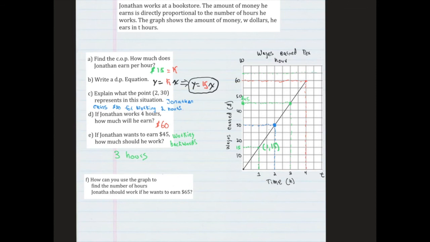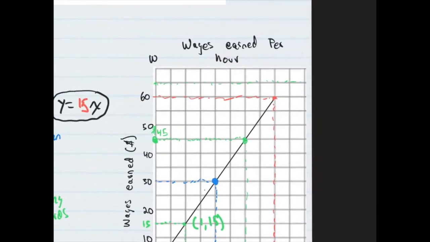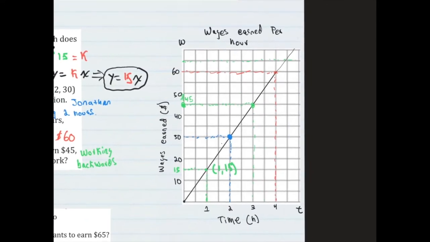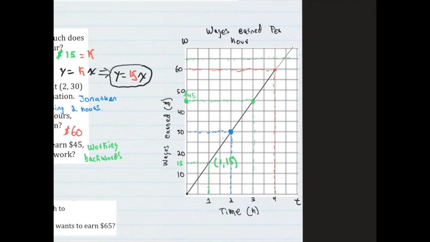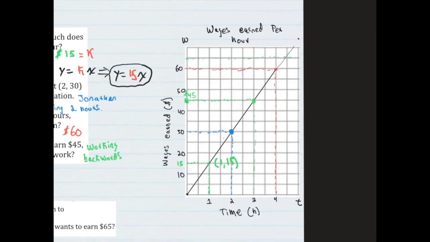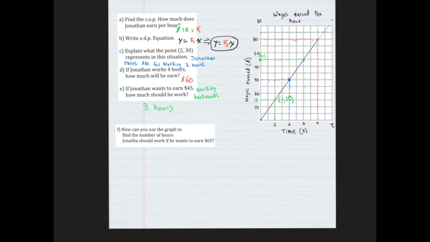Okay, so if we extend this line and we zoom in, at 5 hours, if he's earning 15 per hour, we would expect that to be about $75. So what we would do is we'd work backwards and we'd put a line at $65 for the wages earned and figure out where that falls on the line. And that's how we want to answer it.